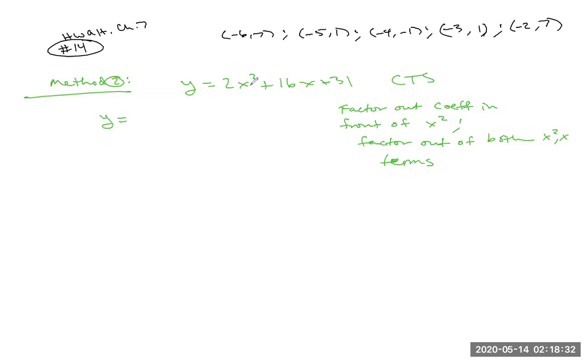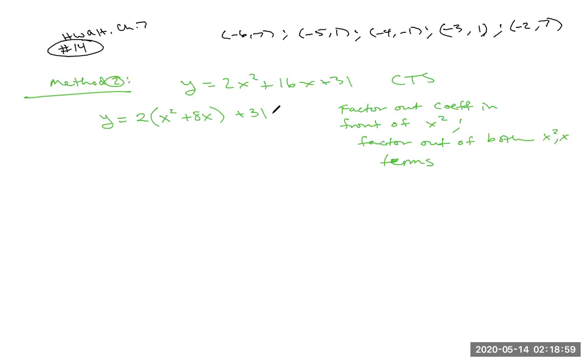What I mean by this: you're essentially factoring out a. A is 2 here, right? So we're going to factor 2 out of just the x terms. 2x squared, factor 2 out, you're left with x squared. 16x, factor 2 out, you're left with 8x. Keep the plus 31 at the end.